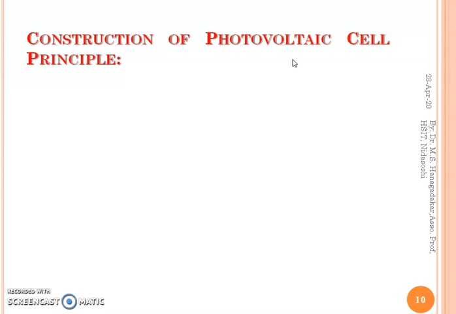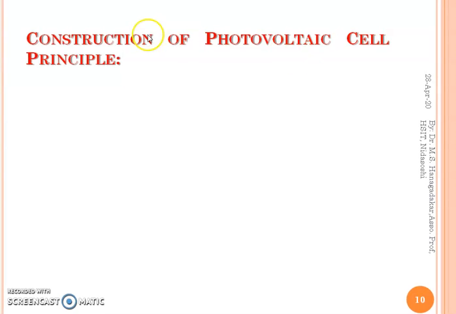This conversion of solar energy into electrical energy is based on some important principles exhibited in the semiconducting materials used to make the photovoltaic cells.